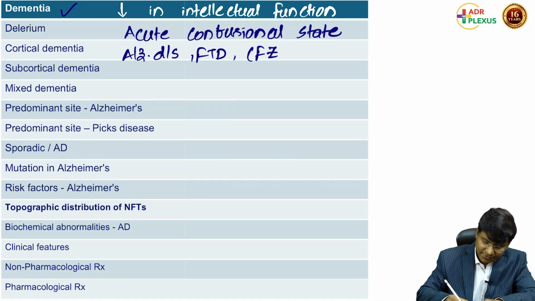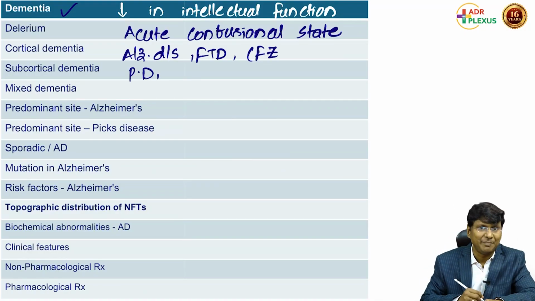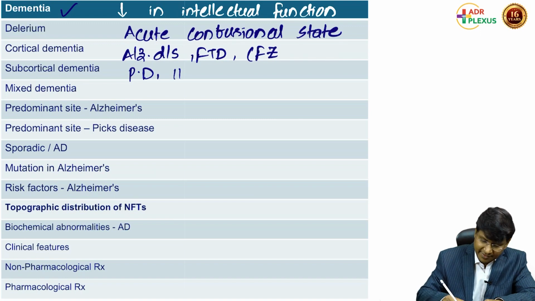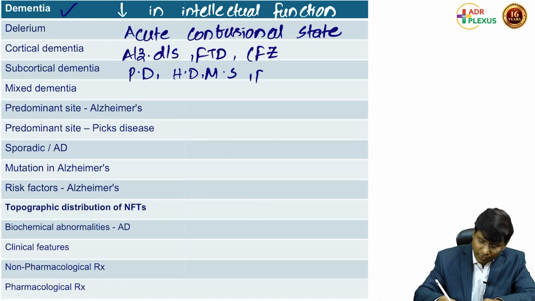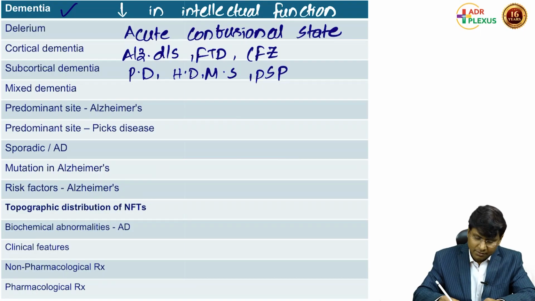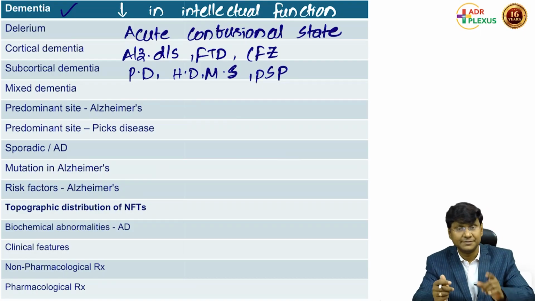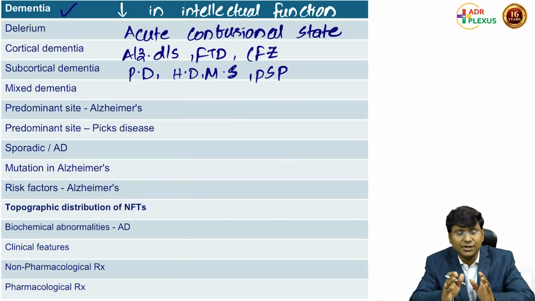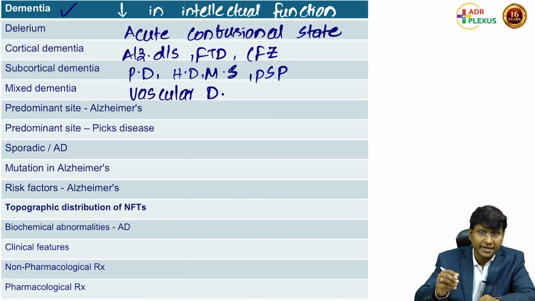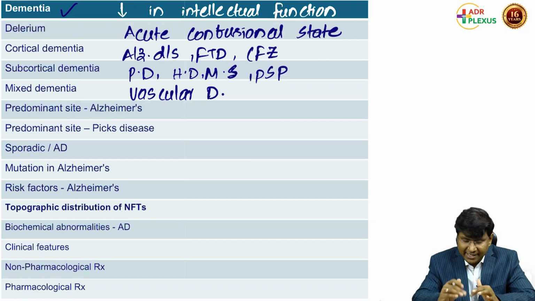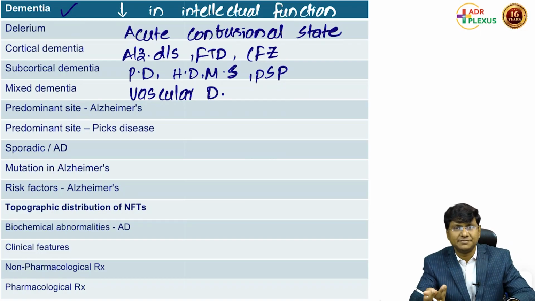Subcortical dementias, you see that in case of Parkinson's disease, then Huntington's disease, next in patients with multiple sclerosis, and even progressive supranuclear palsy. Okay, so these are the causes for subcortical dementia. Mixed dementias, where you have both cortical and subcortical features, you see that in case of vascular dementia, right? Vascular dementia, where you have a multi-infarct dementia, right?